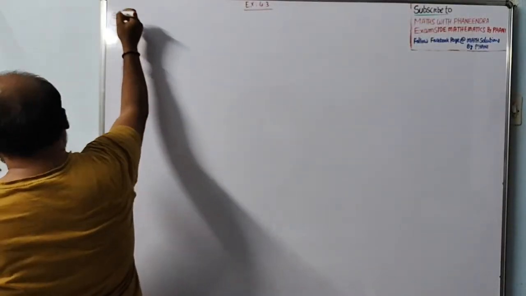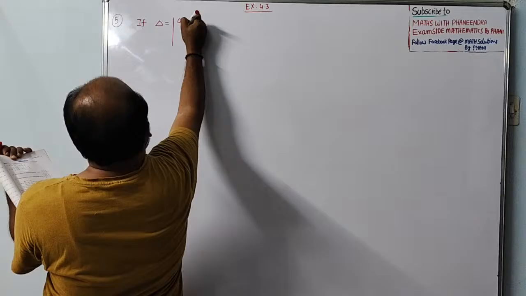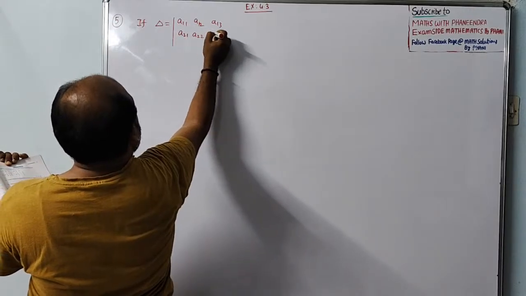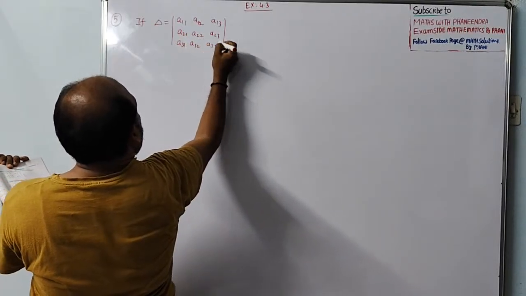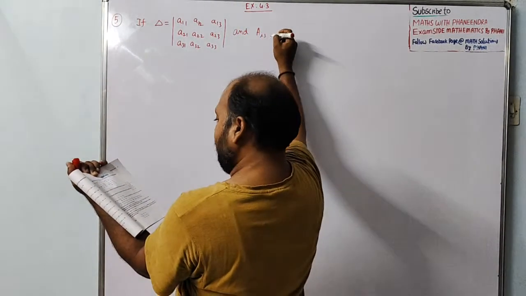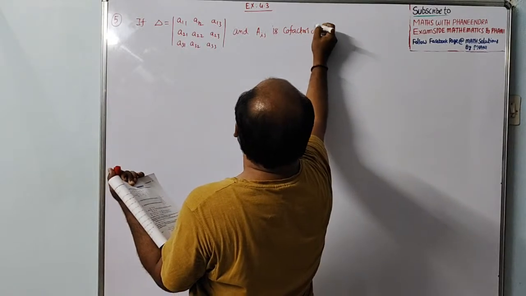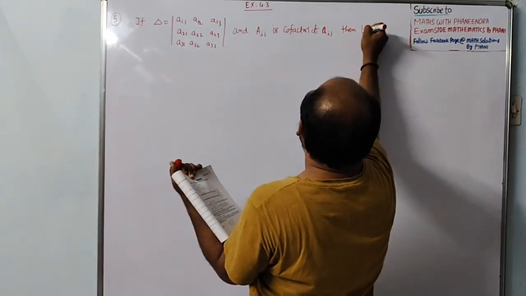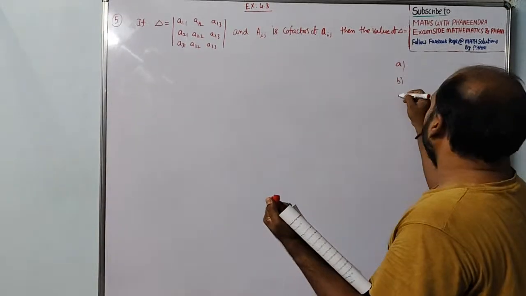Question number 5. If delta equal to A11, A12, A13, A21, A22, A23, A31, A32, A33, and Aij is cofactors of small aij, then the value of delta is, options are provided, dear students.